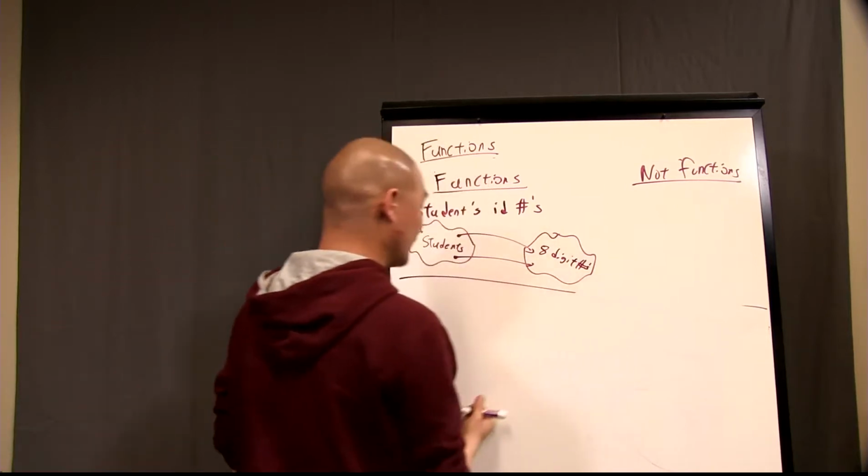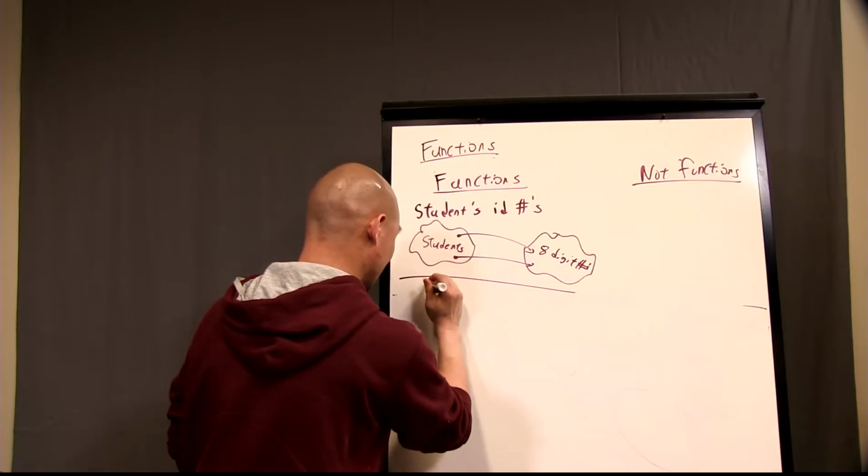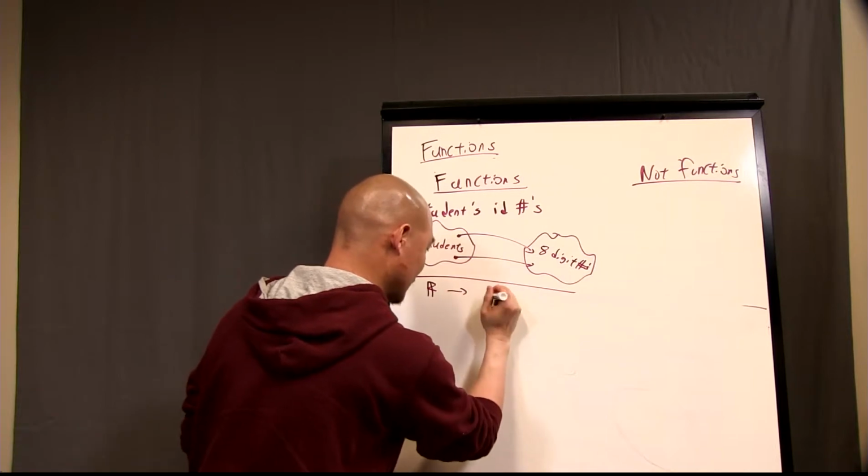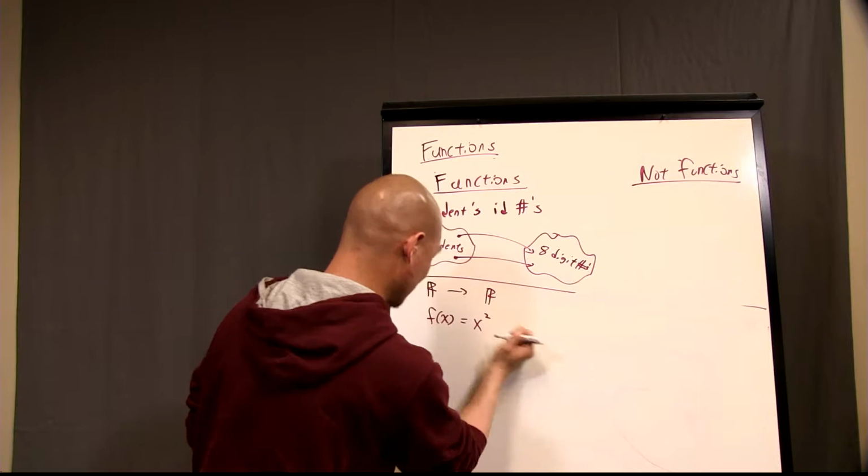The function that we might be more apt to see is something like from the real numbers to the real numbers, f of x is equal to x squared.